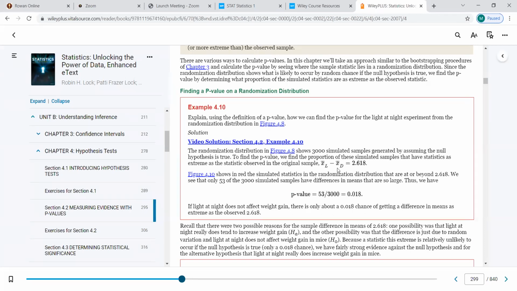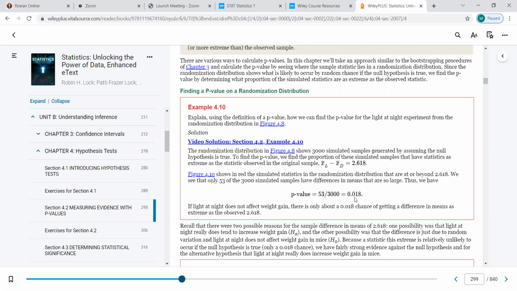And if we went onto the figure and we found 2.618 and we counted the number of dots to the right of 2.618, we found 53 of them. Now there are 3,000 samples, so 53 samples had values at least as much as 2.618. 53 divided by 3,000 is 0.018. So the p-value is 0.018.